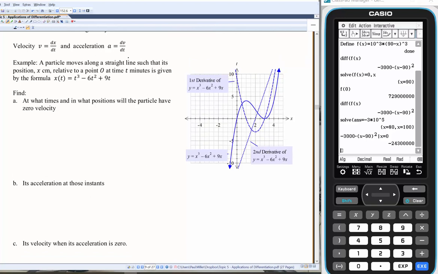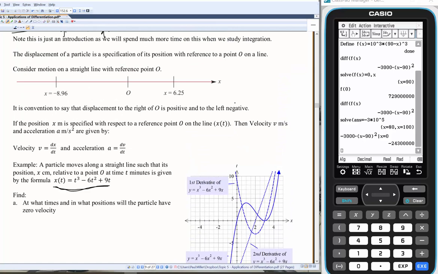So we've got a particle moving along a straight line such that its position x relative to a point origin is given by this function here. So this function, x of t, describes the position of the particle relative to time. And what we can quickly see over here, this is the original function. We can see that the particle starts at the origin, okay? And for the positive values of t, we say that the particle is moving to the right of the origin, so the positive values are going to be to the right.